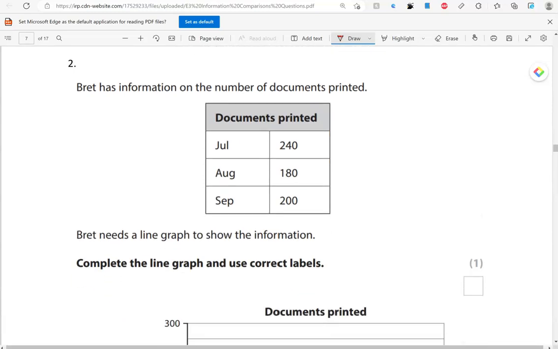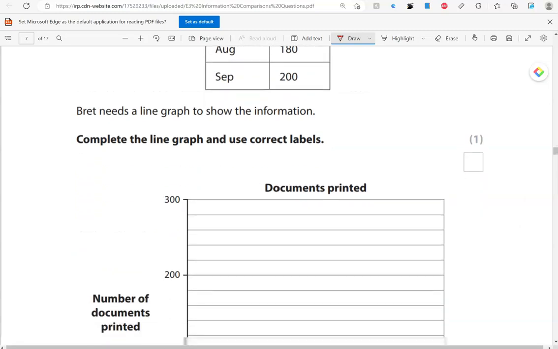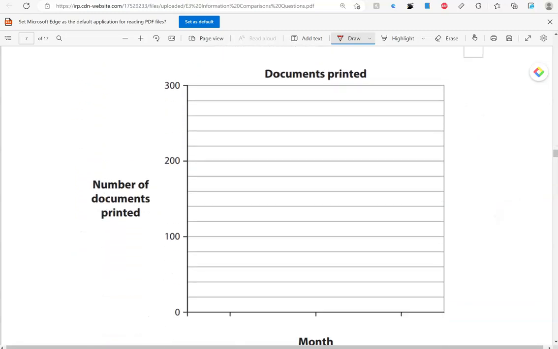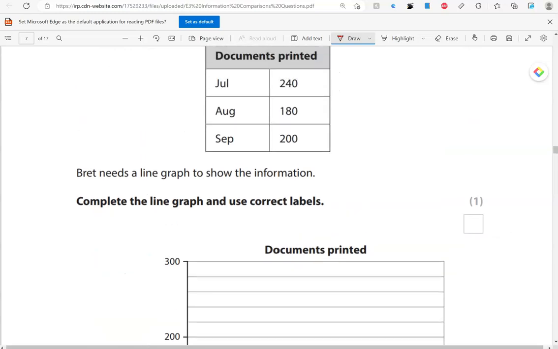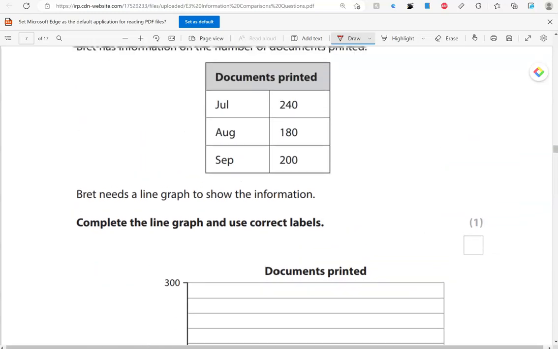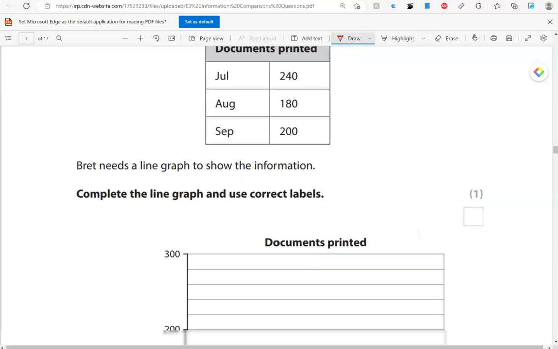Bread has information on the number of documents printed. Bread needs a line graph to show the information. Complete the line graph and use correct labels. So we're going to start with July. Number of documents printed is 240.